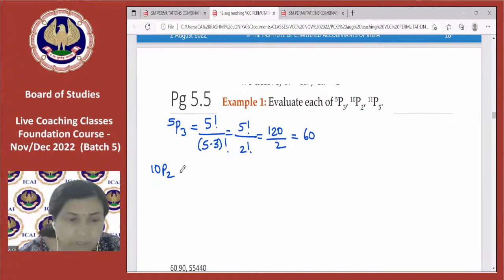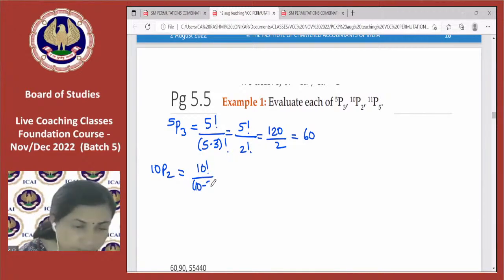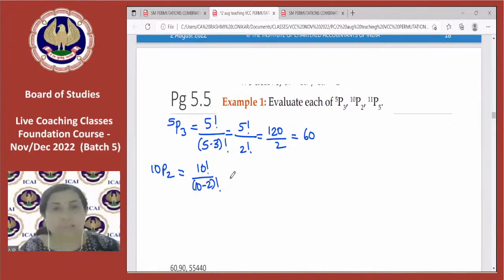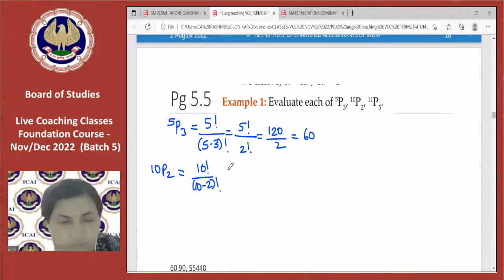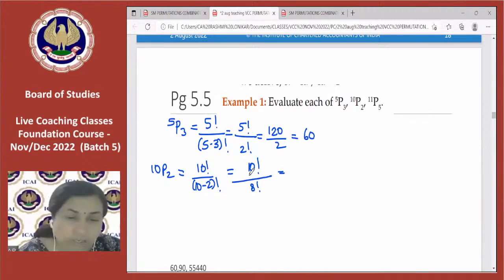Now how much is 10P2? This is equal to 10 factorial upon 10 minus 2 factorial, which is 10 factorial upon 8 factorial. I will write the bigger number down to the smaller number.